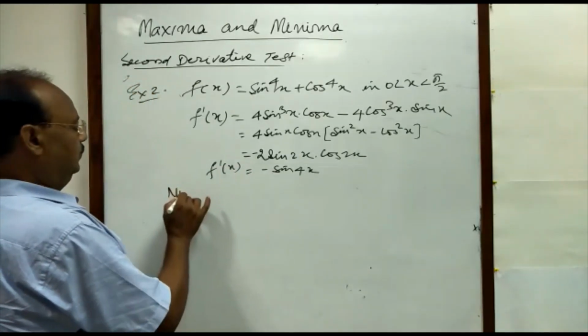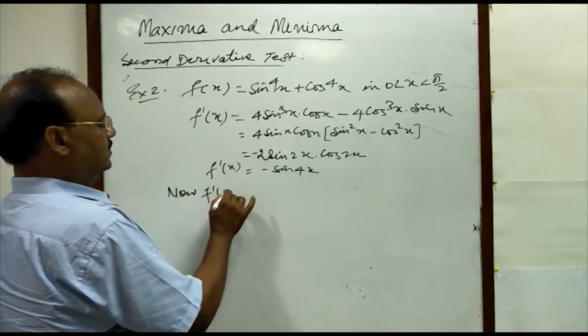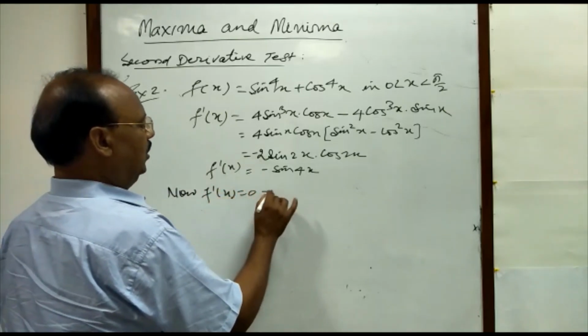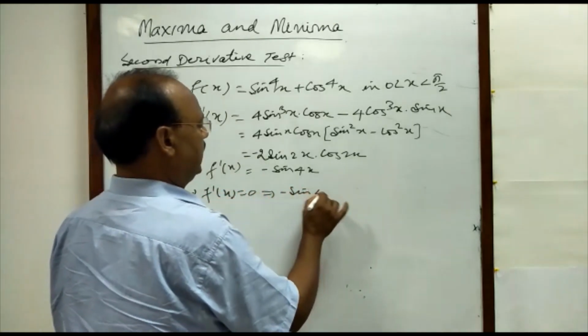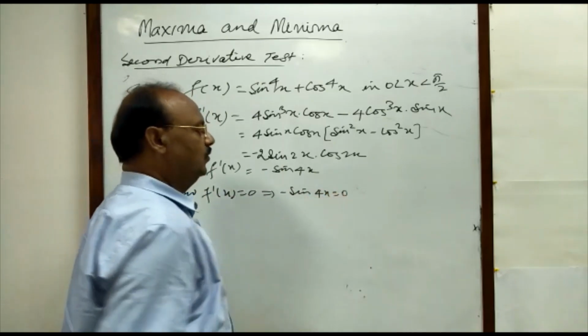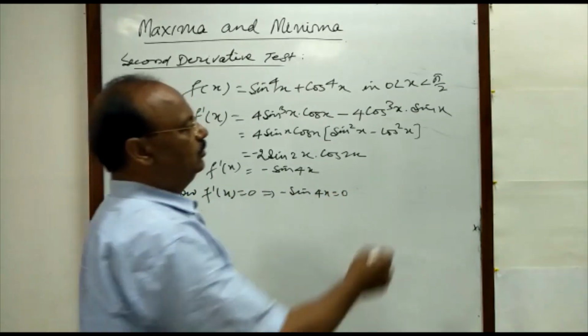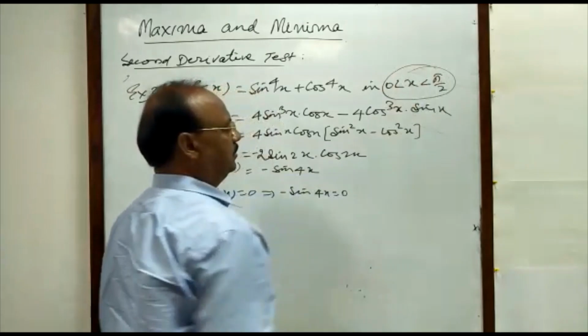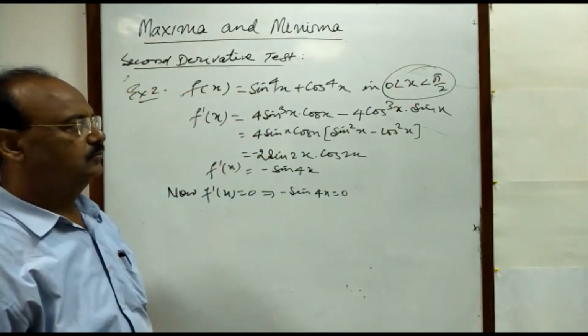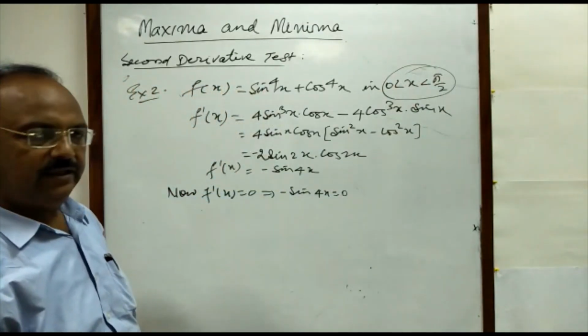Now next step, we have to equate f dash x with 0. So f dash x is equal to 0 implies minus sin 4x is equal to 0. Now we have to look at this interval. x lies between 0 and pi by 2.